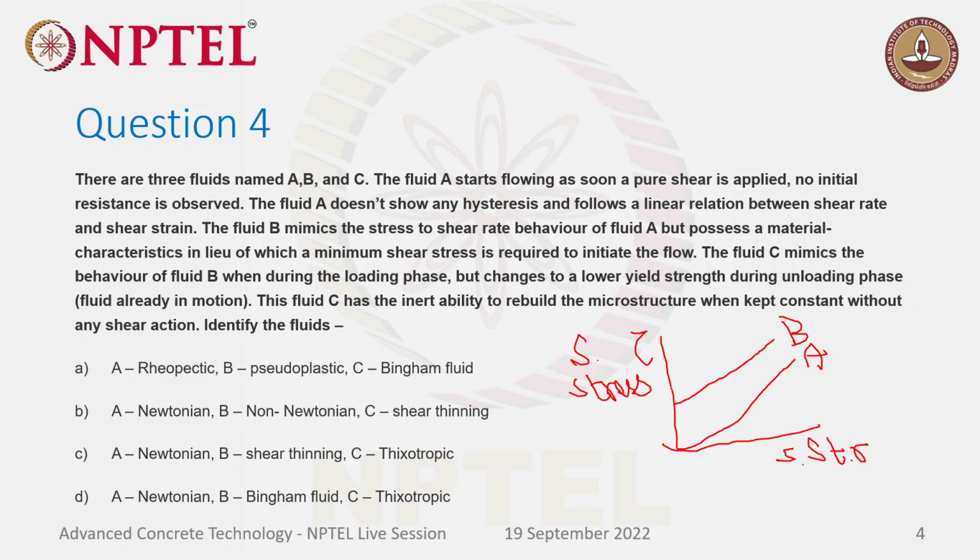Assume that it has some shear stress, but it changes to a lower yield stress during the unloading phase. The shear stress required to initiate the flow is there during the loading phase, but during the unloading phase the yield strength decreases.